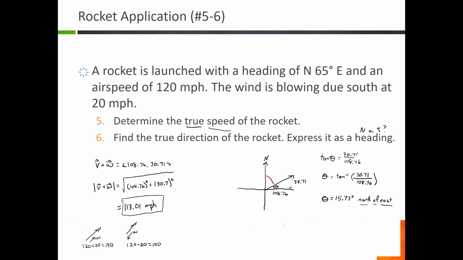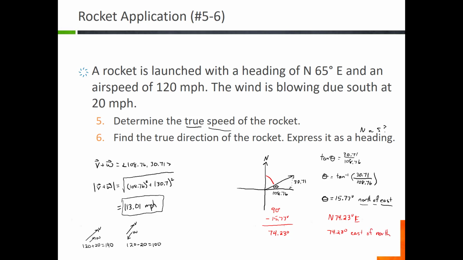We can just take 90 degrees minus that 15.77 degrees, and that's going to give us 74.23 degrees. So I could express this same angle as north 74.23 degrees east, or you could even express this as 74.23 degrees east of north.